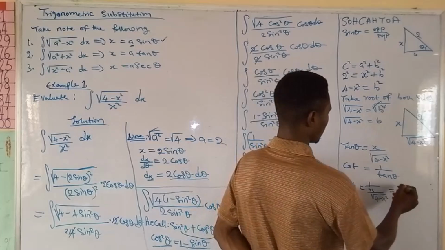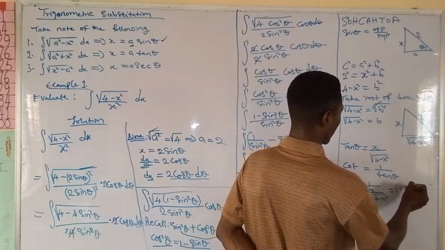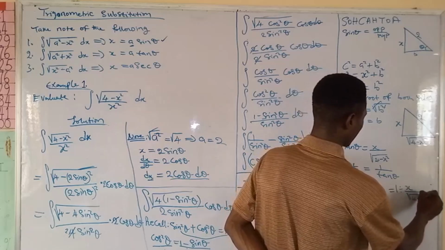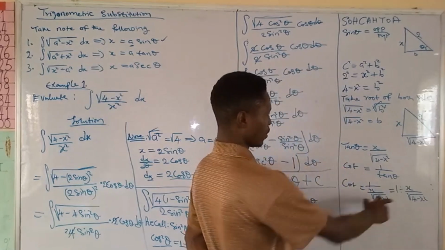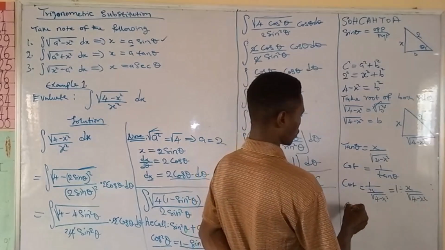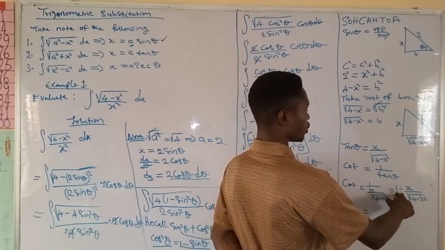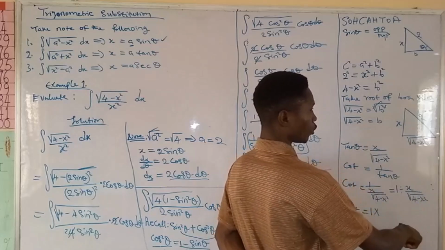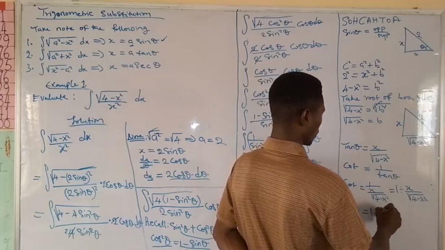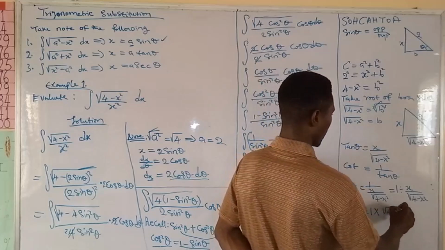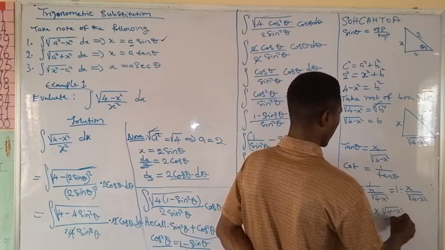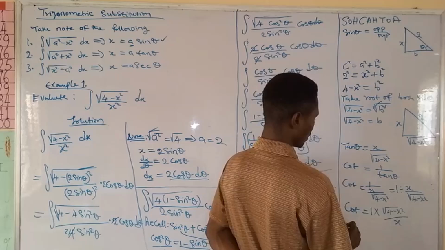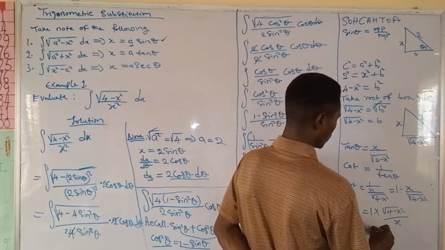So this is the same thing as saying 1 divided by x all over root 4 minus x squared. So if this is the case, cot is equal to, we change this to multiplication according to our rule in indices, then this will reciprocate to give us root of 4 minus x squared over x. Of course, if you multiply 1 by this, you still have this. So this implies that cot is equal to what?